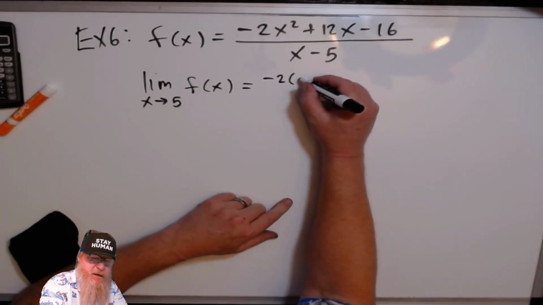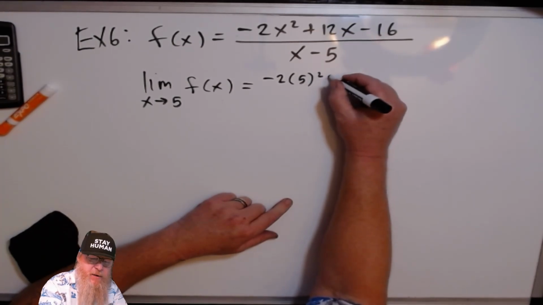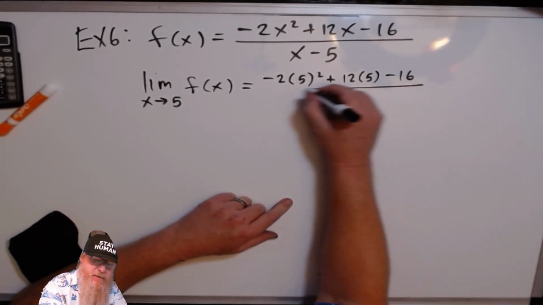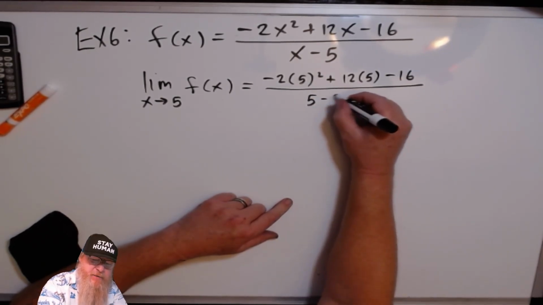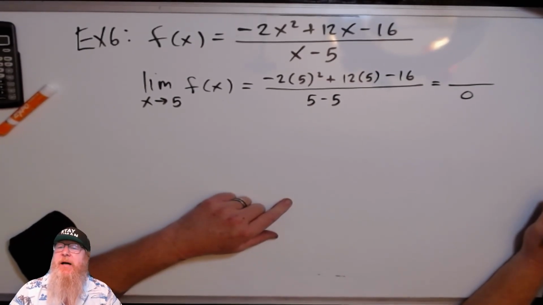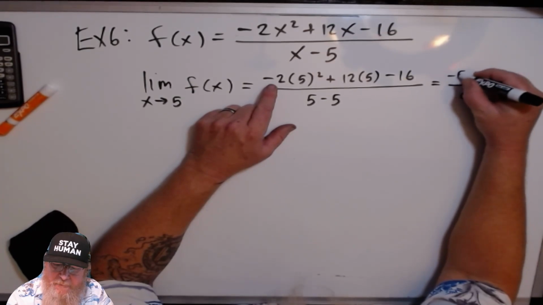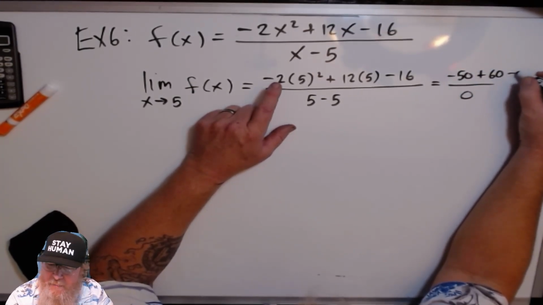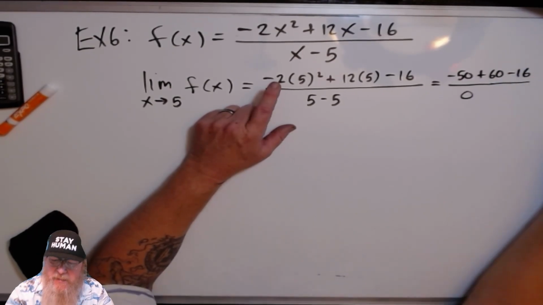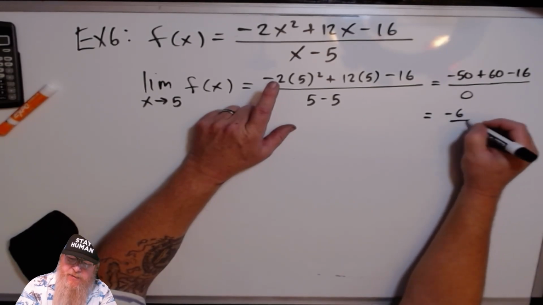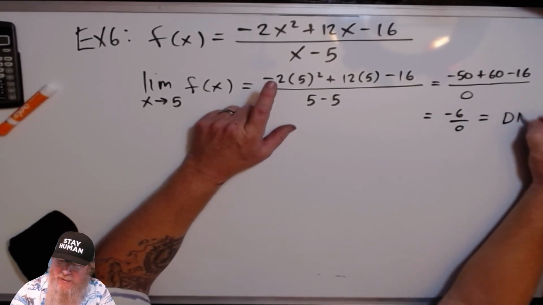Negative 2 times 5 squared plus 12 times 5 minus 16 over 5 minus 5. So I know I got a 0 in the bottom, the denominator. Let's see what happens in the top. Negative 50 plus 60 minus 16. That's going to be negative 6 over 0, which is dne.